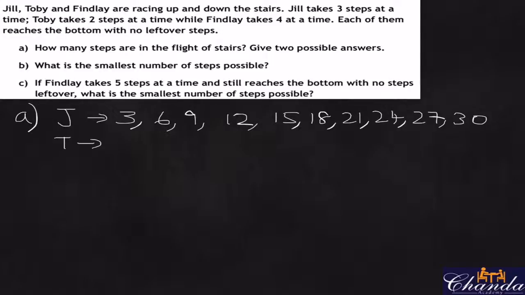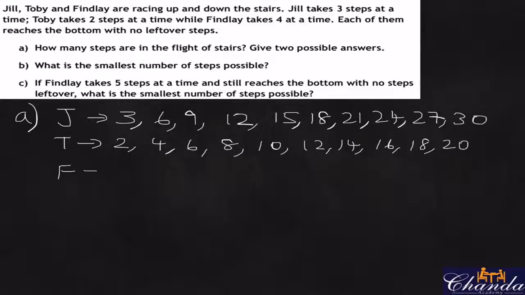So 2, 4, 6, 8, 10, 12, 14, 16, 18, 20, etc. Then finally we have Finley, who's taking 4 steps at a time. So we have 4, 8, 12, 16, 20, 24, 28, 32, etc.